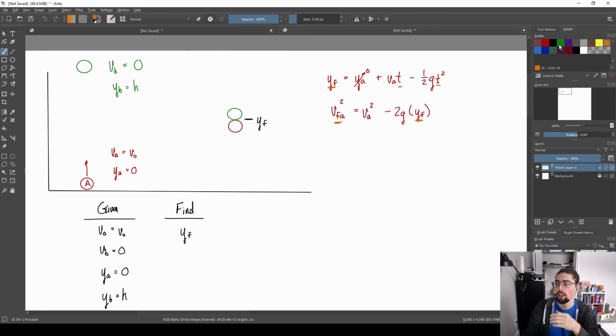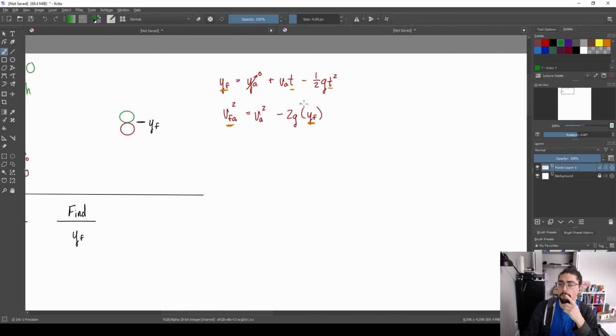Let's go over to the green ball. Let's see what equations we can come up with for that one. We might say for the green ball, y final would be equal to the initial placement of this thing, which I know to be h, plus the initial velocity times t, which I know to be 0, minus 1/2 gt squared.